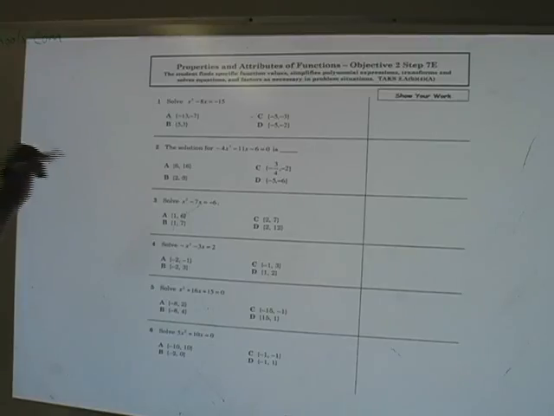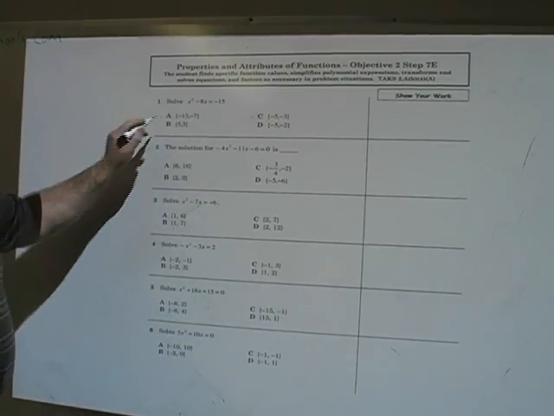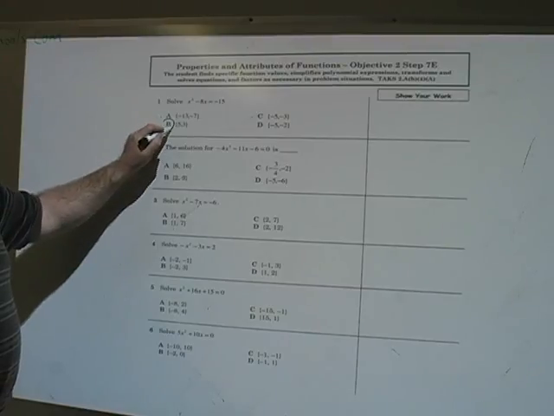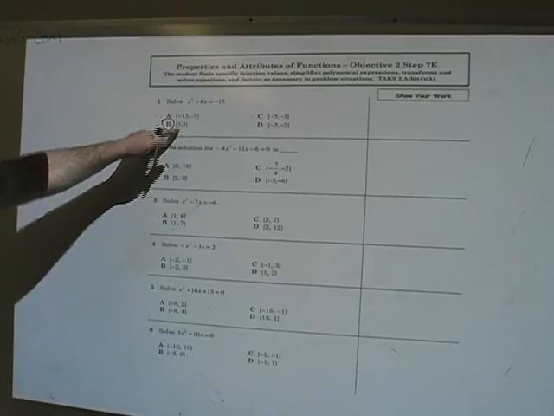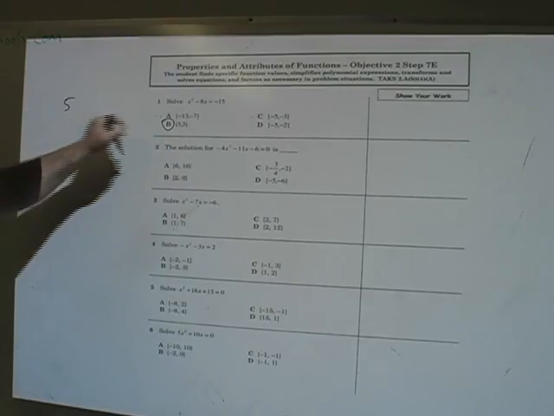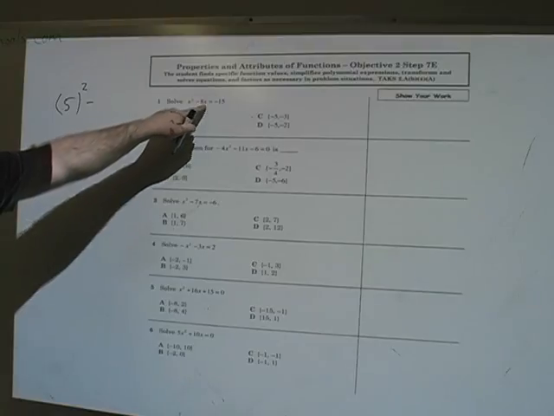So on number 1, I'm going to go ahead and skip to answer B. B is the correct answer. Because 5, we're going to check 5. So we're going to plug a 5 in for x right there. And here.